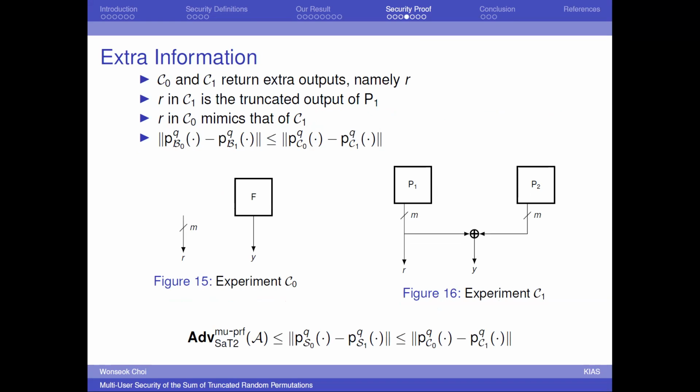R in the real world is the value of the truncated output of P1. On the other hand, in the ideal world, there is no P1, so R should mimic that of the real world. It is additional information, so we can upper bound the statistical distance like this, and the advantage will be the same.